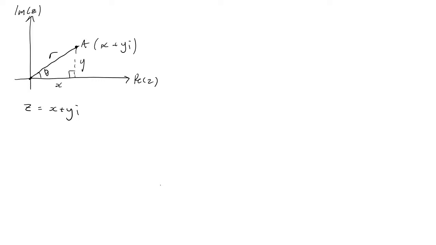Now if we look at the diagram, that is a right angled triangle, which means that we can use Pythagoras' Theorem and the trig identities such as sine, cosine, and tan. Looking at this triangle, we know that x is equal to r cos theta. This is because cos theta is x over r, and we just multiplied r on both sides to get x equals r cos theta.